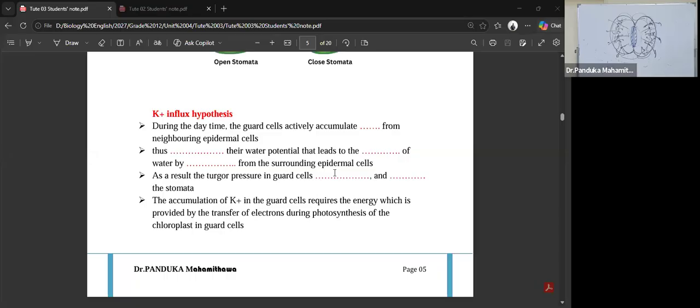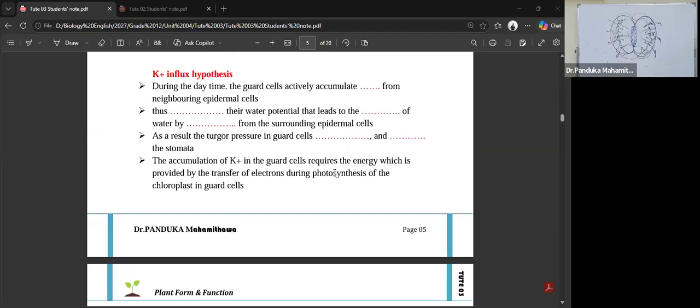So when potassium is absorbed into the guard cells, lowering their water potential, that leads to the inflow of water. Water travels from a higher water potential to a lower water potential. The surrounding epidermal cells have higher water potential, therefore there is inflow of water by osmosis from the surrounding epidermal cells.